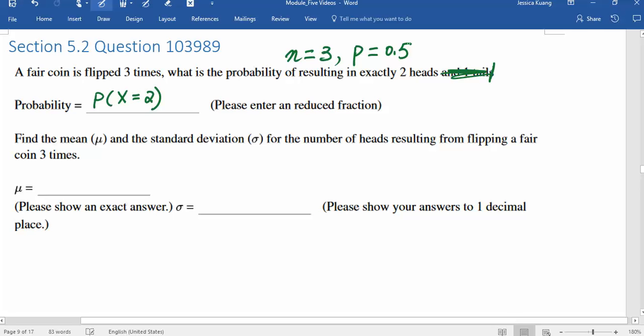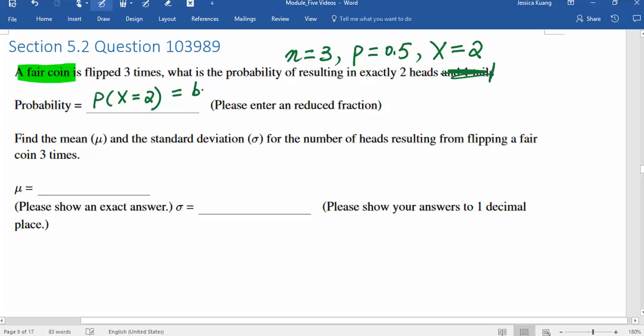In this case, we define success as getting heads, and that is 1/2 because we are talking about a fair coin. And x is the number of successes. In this case, we want 2 heads, so the number of successes is 2.